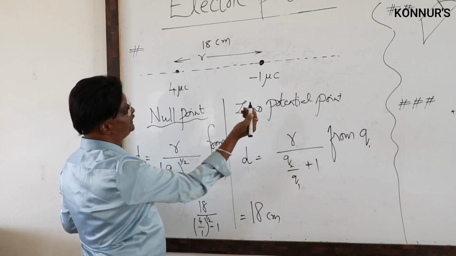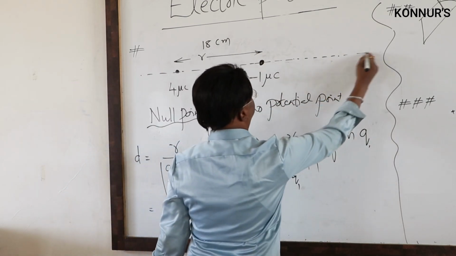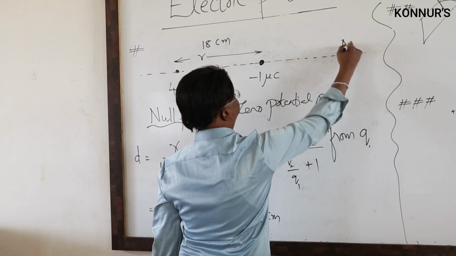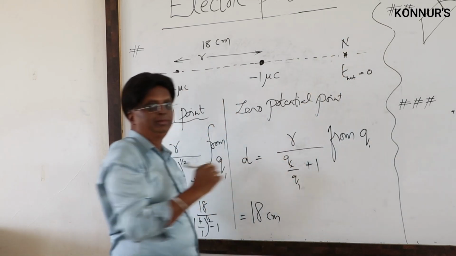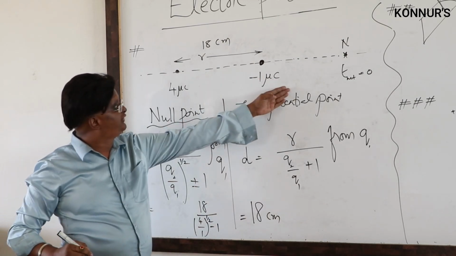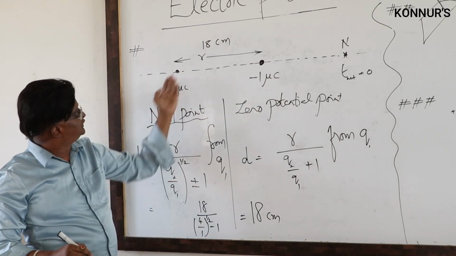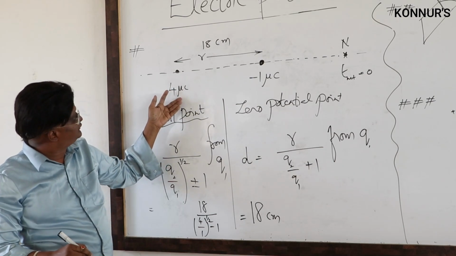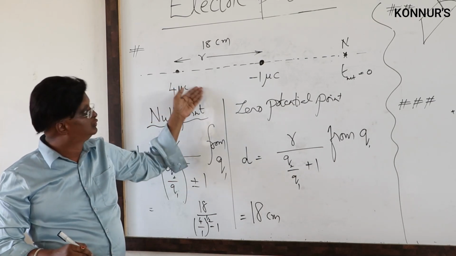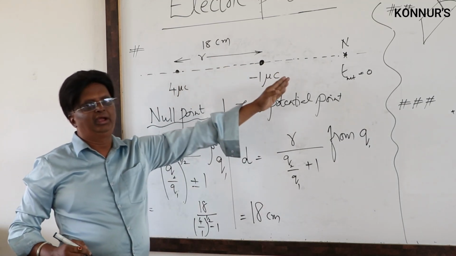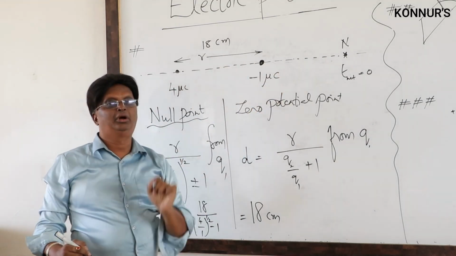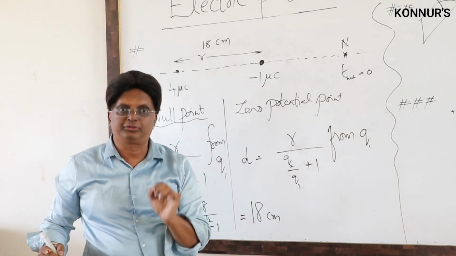So what is that 18 centimeter point? Here you will get the null point where net intensity is 0. And if it is 18 centimeter from minus 1, it will be 36 centimeter from this 4 microcoulomb. So it is either in between or outside, and closer to the smaller charge is a very important clue in finding the answer.